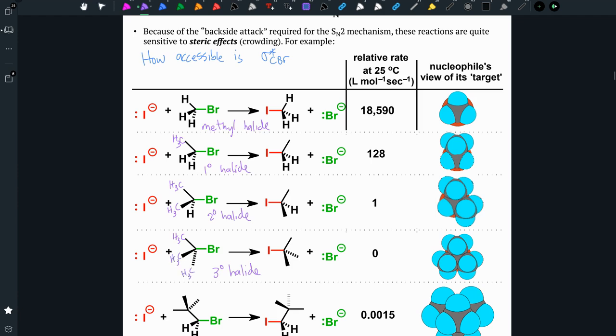And you can build a model of these to prove this to yourself, but as you add more carbons next door to the halide, sigma star gets harder and harder for the nucleophile to get to.